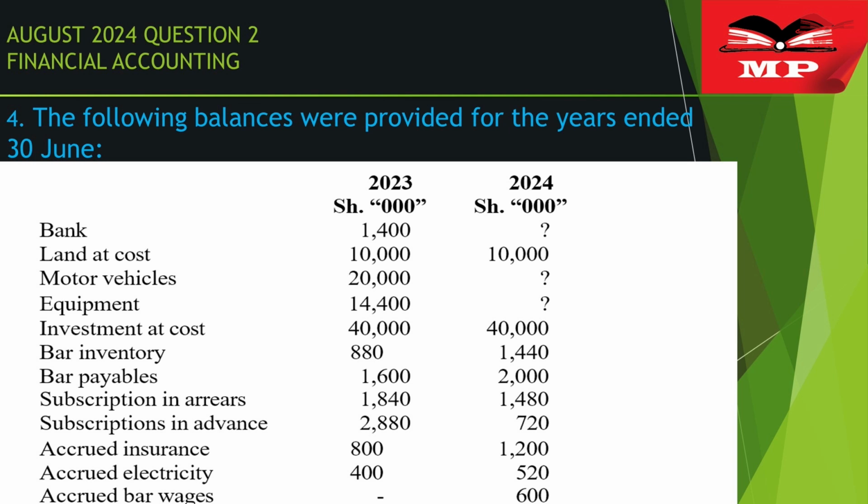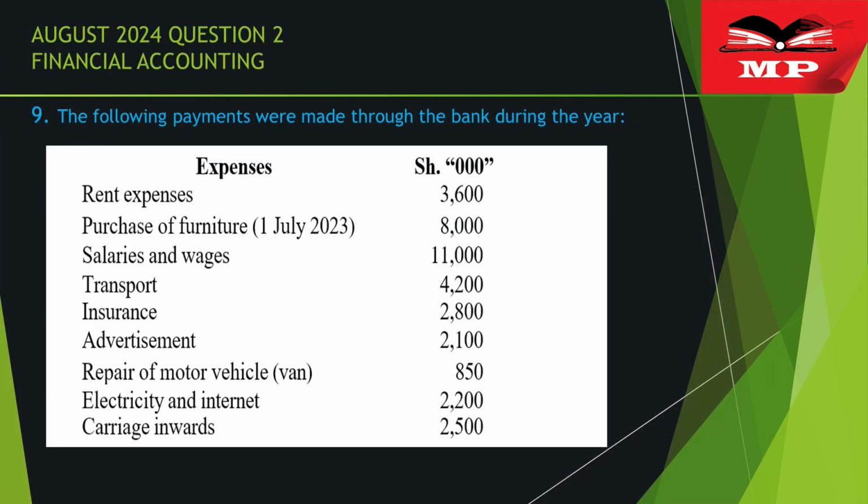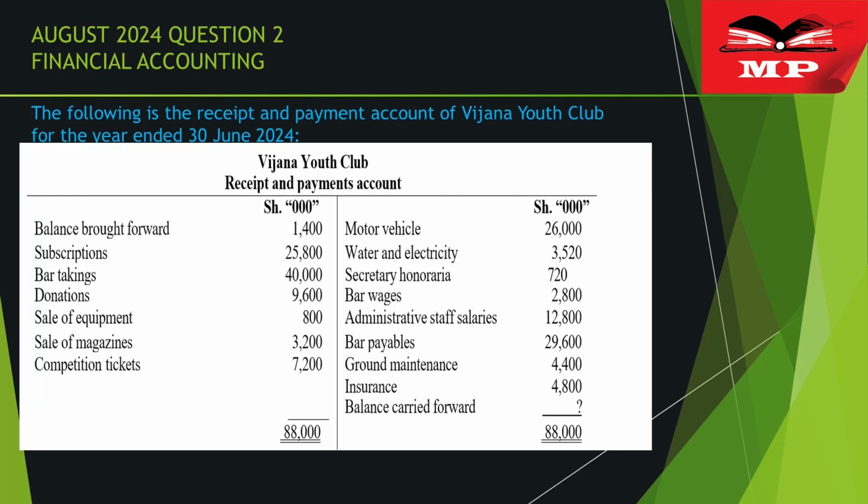No. We have accrued wages at the end. Do we have any wages that are paid from the receipts and payment? Check the receipts and payment. Did Vijana pay any wages?